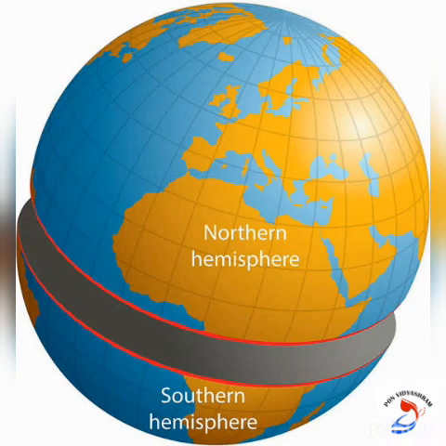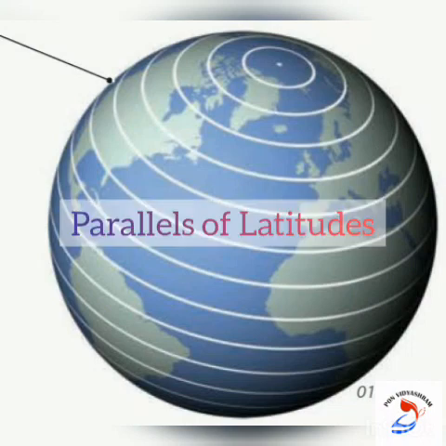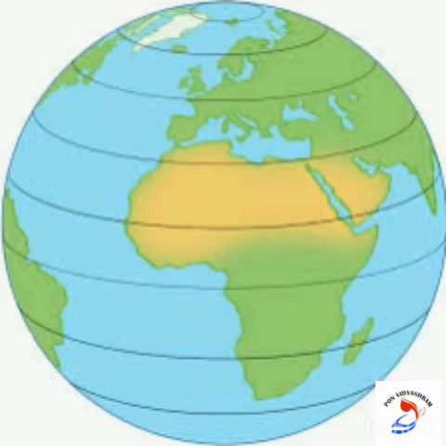Therefore, the equator is an imaginary circular line and is a very important reference to locate places on the Earth. All parallel circles from the equator up to the poles are called parallels of latitude. Just like the equator is an imaginary line, we have a lot of imaginary lines parallel to the equator.